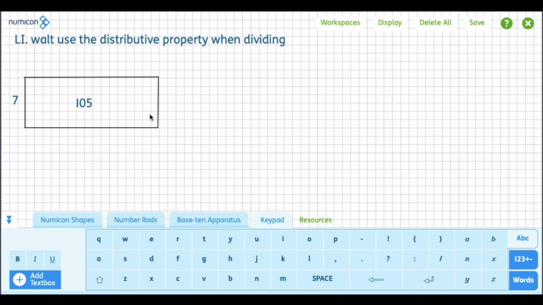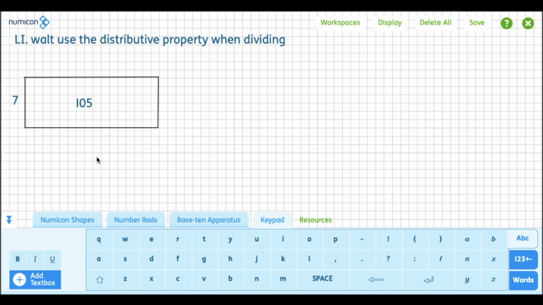Okay, so let's imagine a scene where we have a football stadium, and we have 7 areas in our football stadium, and we have 105 stewards, or people that are helping out, and we've got to split them up equally into the 7 areas so that there's an equal number of stewards in each area.